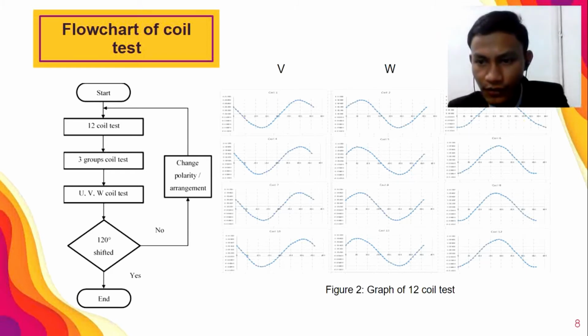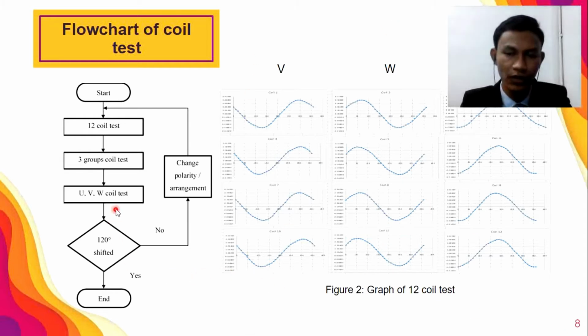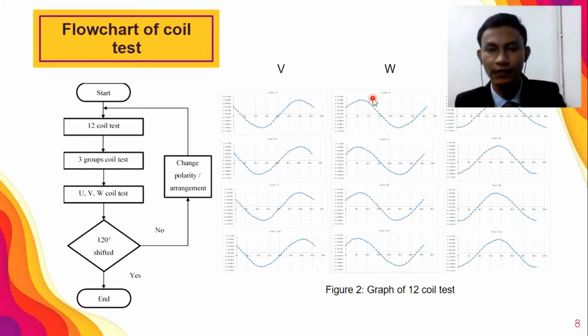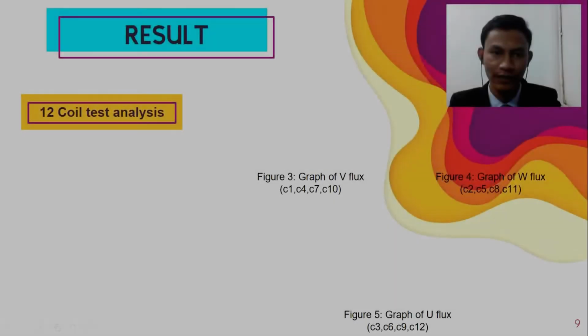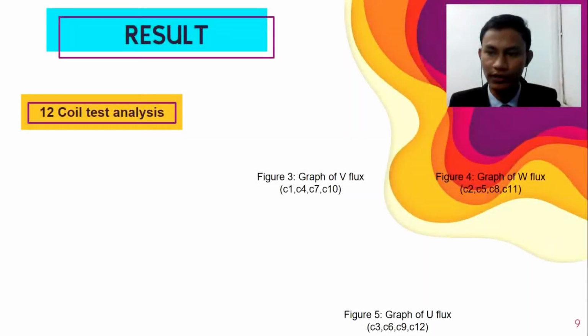So we choose this for U, V, W. After choosing U, V, W, we set up the circuit in JMAG Designer to make a three-phase system. This is the result of the 12 coil test analysis.